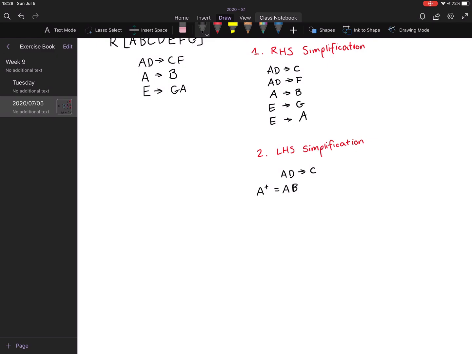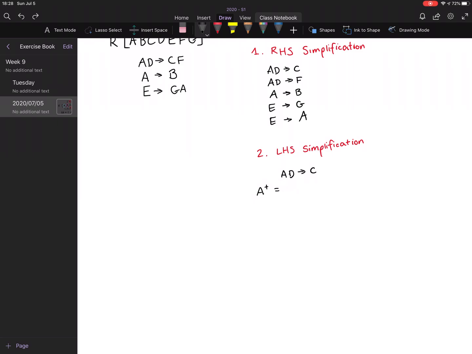So as you can see, A does not imply C on its own. Let's see if D implies C on its own. Okay, so D does not imply anything, which means that AD must stay the same.